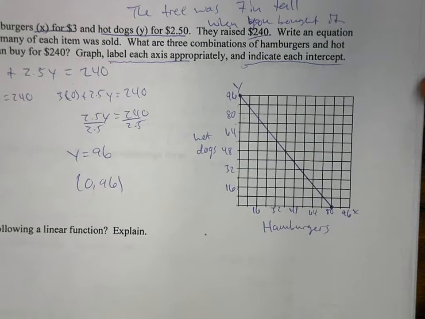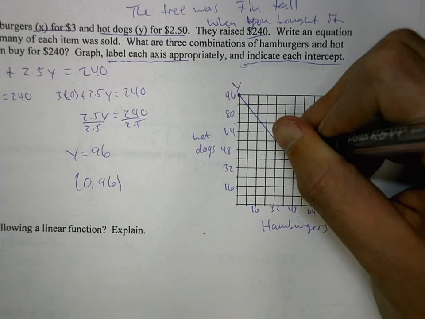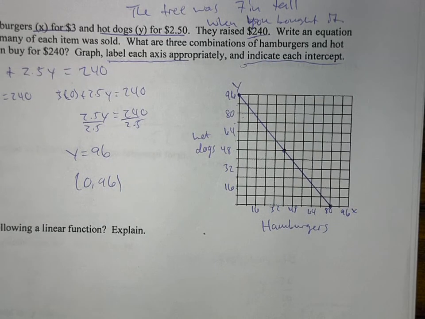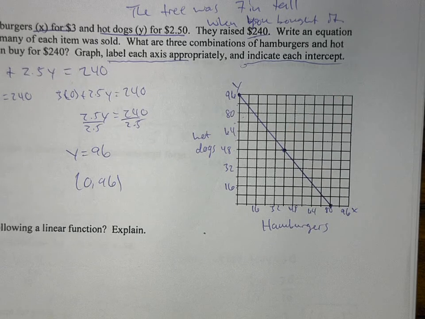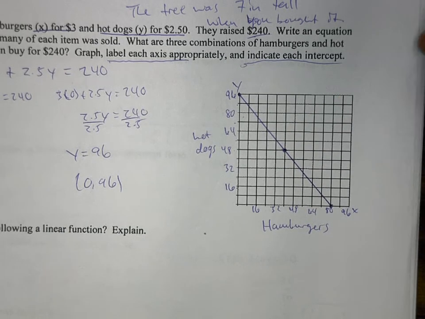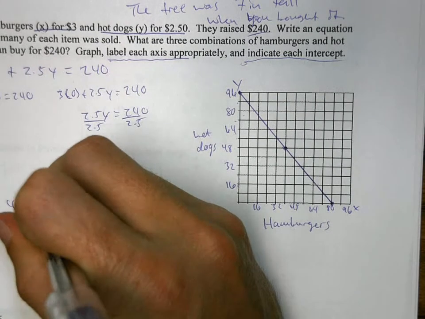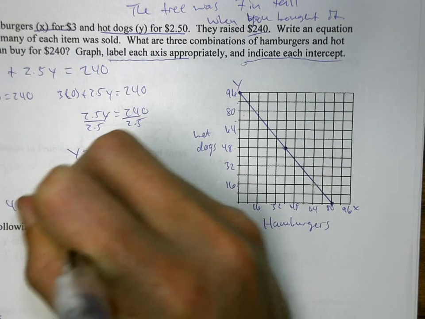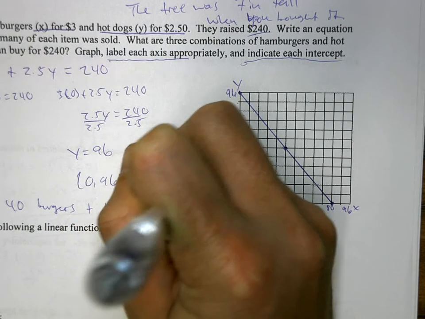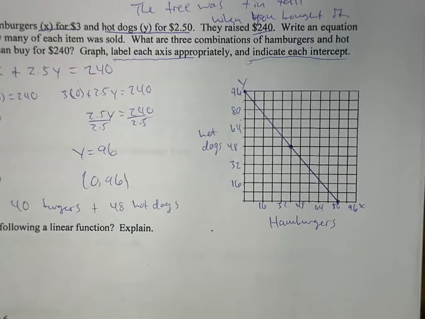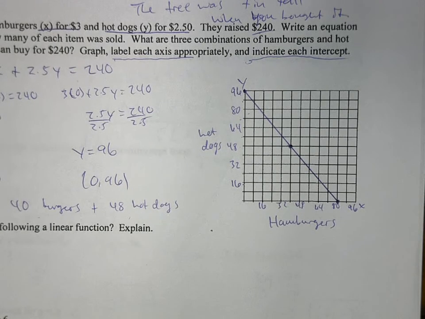And it looks like this graph crosses right here, and that's at 40, 48. So that means you could buy 40 hamburgers plus 48 hot dogs, all for $240. To double check, plug this into x, plug this into y to solve.